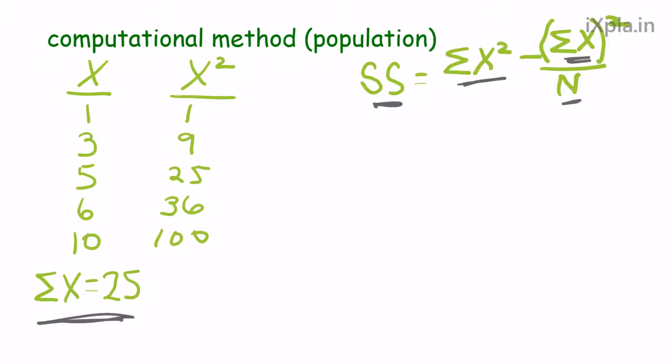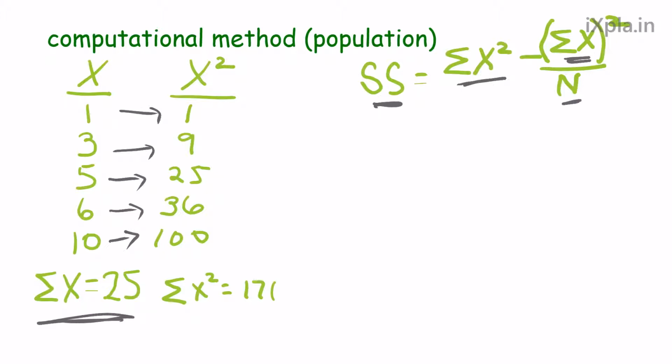So 1 squared is 1, 3 squared is 9, 5 squared is 25, 6 squared is 36, 10 squared is 100. You have to do that first. Now, if we add those up, we'll get the sum of x squared. If we do that, we will get 171 for the sum of x squared.